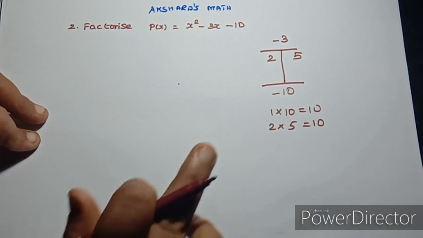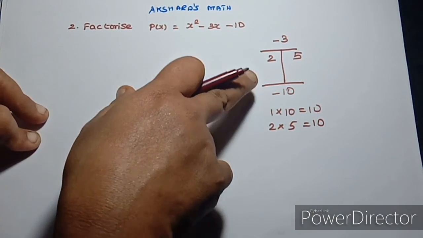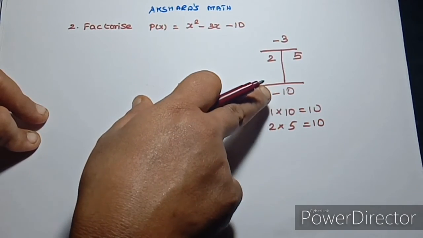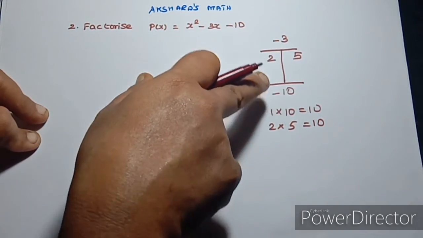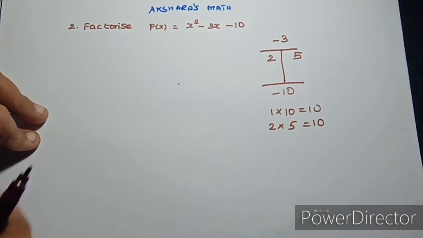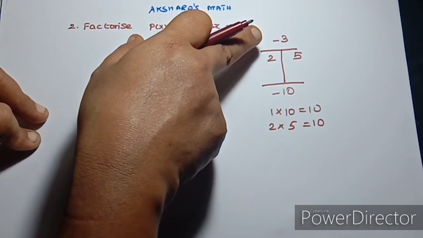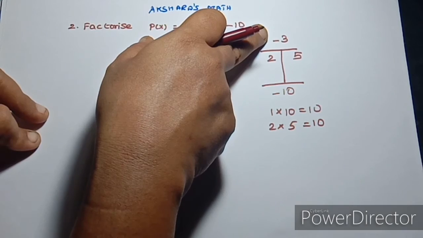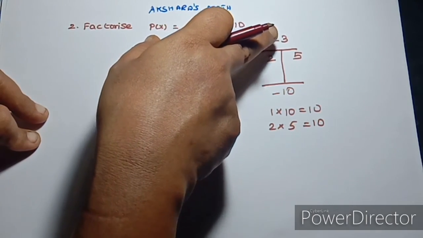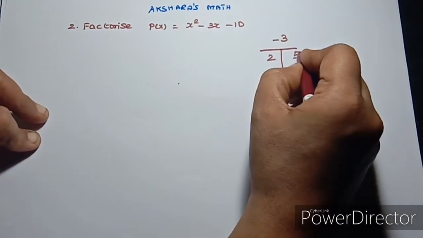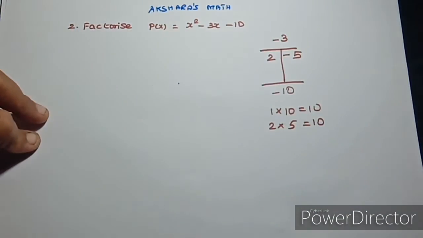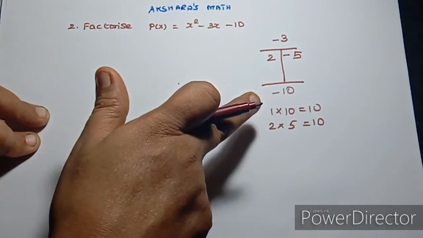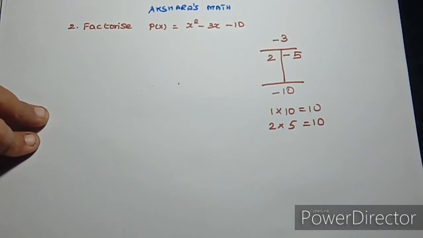Now I will look for the signs. In the denominator, when I multiply two numbers, I have to get a minus. That means any one of the numbers should be negative. And on the top also I am getting a negative number. So when I get a negative number on the top, the larger number will be negative. So I can put only 2 and minus 5, because 2 minus 5 gives me minus 3 and 2 into minus 5 gives me minus 10.